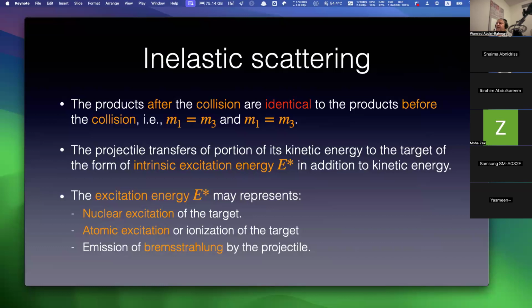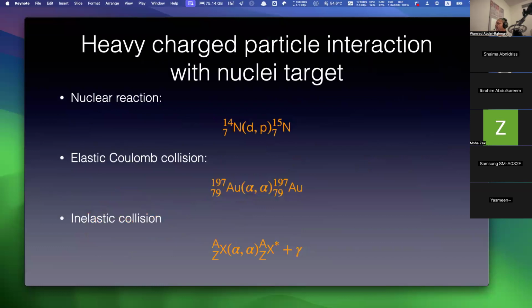A very small fraction of that energy is transferred as kinetic energy to the nucleus, very negligible, but the rest of the energy that is lost is going to be emitted as Bremsstrahlung radiation. So this is an example of inelastic scattering.